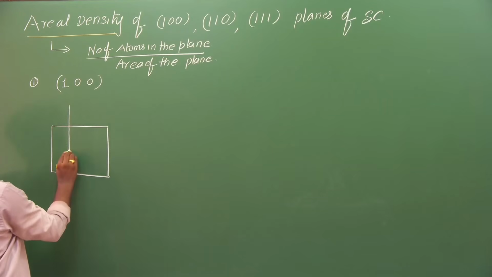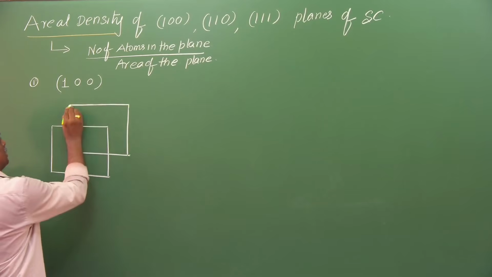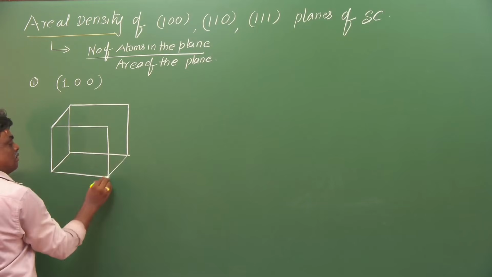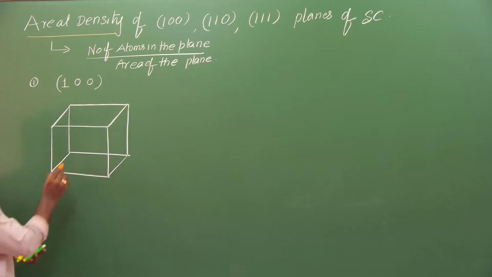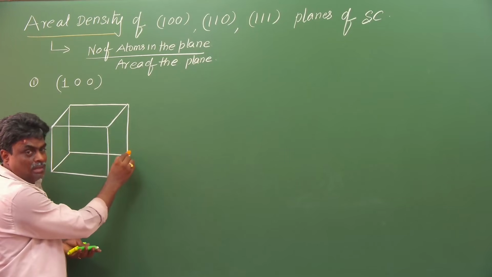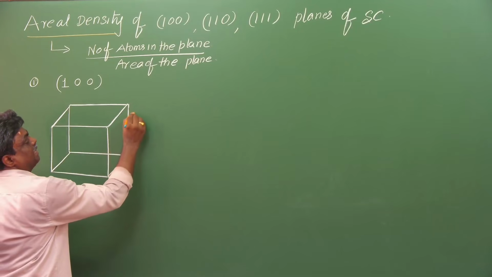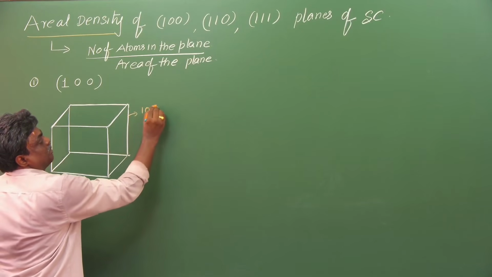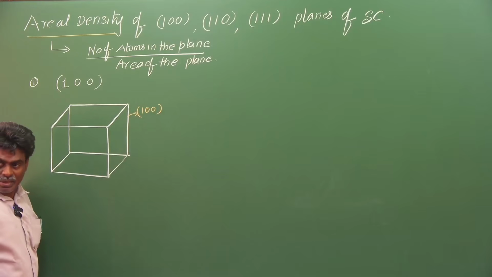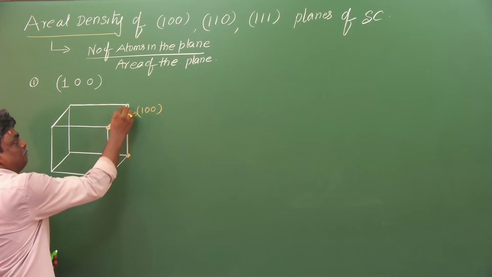Now I am taking a 100 plane in the simple cubic structure. If I assume this is the 000 origin, then definitely this is 100. If I take this as the x-axis, that's why I can take this plane as 100. Say yes or no? Now here one atom, here one atom, here one atom, here one atom.